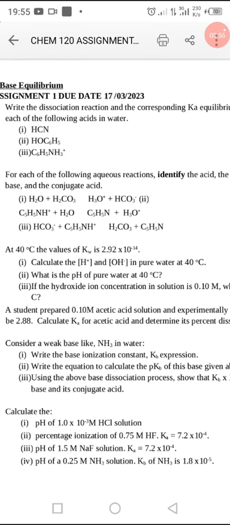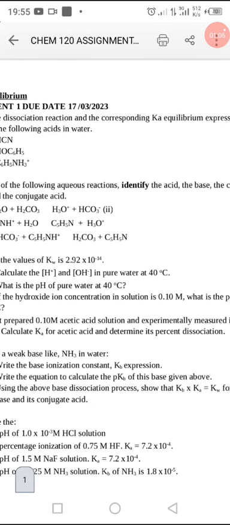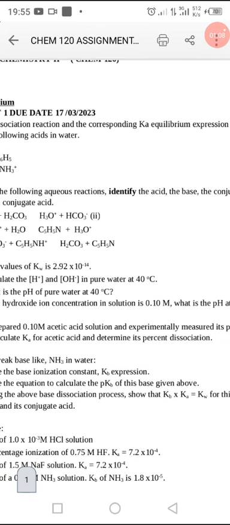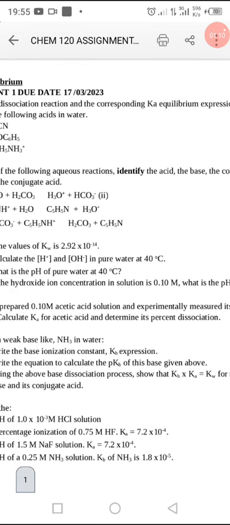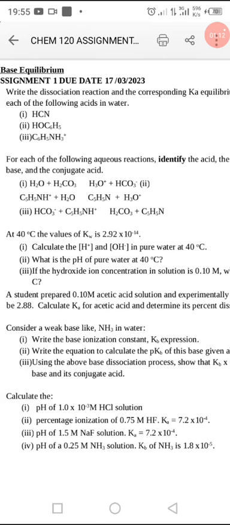And the first question is a little bit different from what we have been given on top. If the hydroxide ion concentration in a solution is 0.10 molar, what is the pH at 40 degrees Celsius? So nothing to worry about. Our main concept here is that we have to write our data.